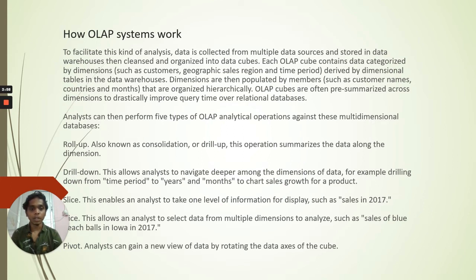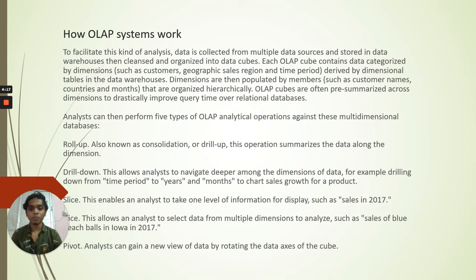Dimensions are then populated by members such as customer names, countries, months, or some other aspects that are organized hierarchically. OLAP cubes are often pre-summarized across dimensions to drastically improve query time over relational databases.